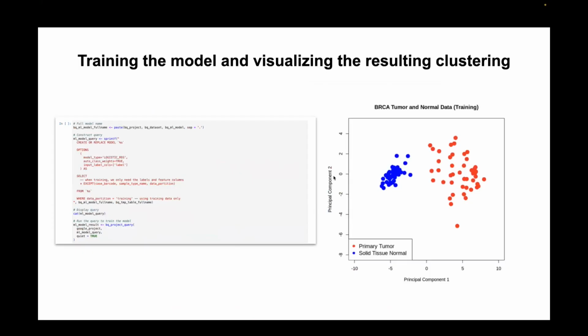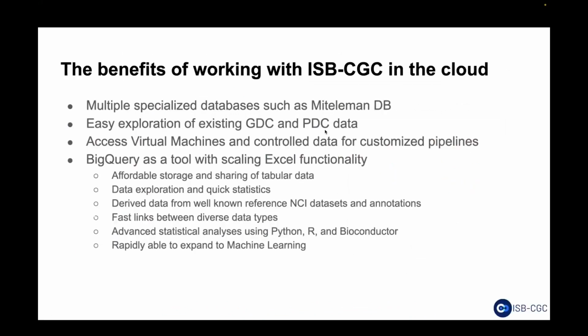It trains this model and then plots the classification or the clustering of the tumor and normal data in the training data. And in the notebook itself, there's a lot more detail, the area under the curve, et cetera, et cetera. But that's just to give you a short preview of what our notebooks are like.